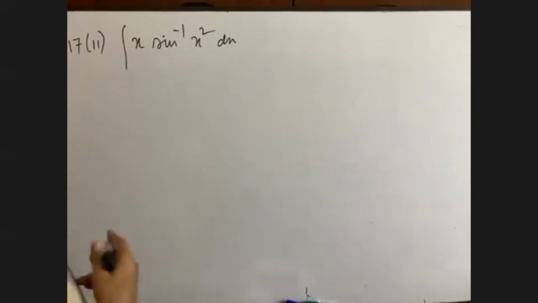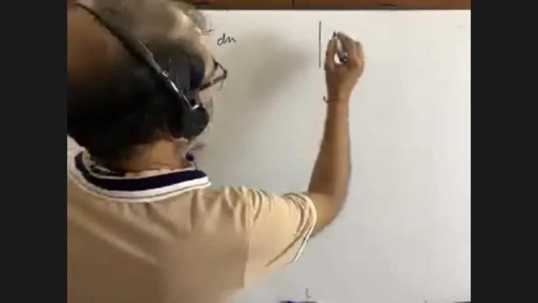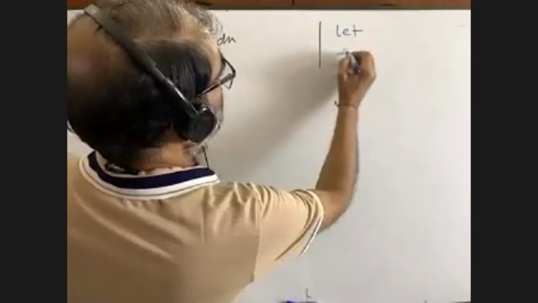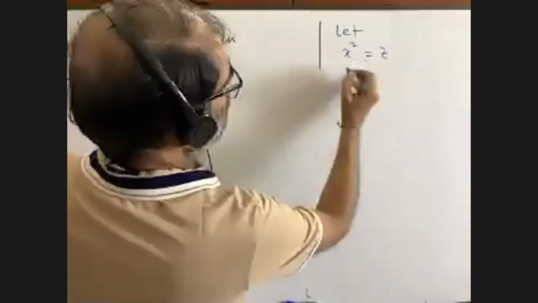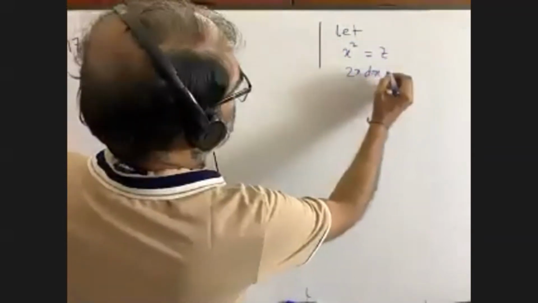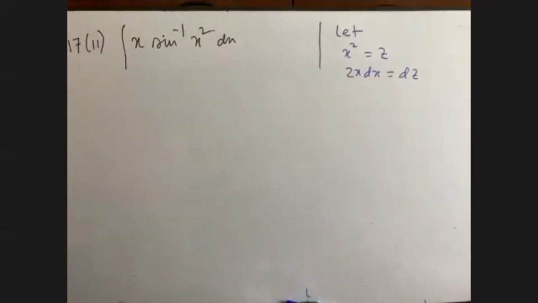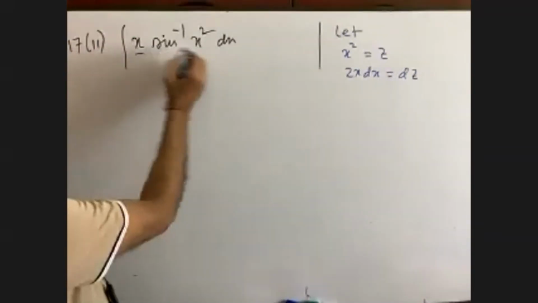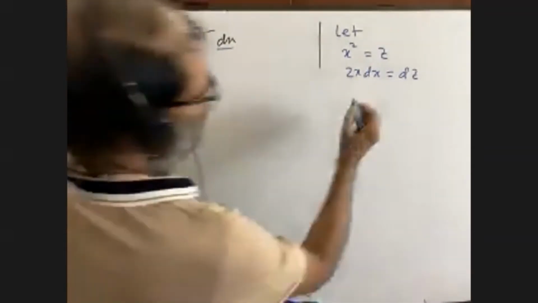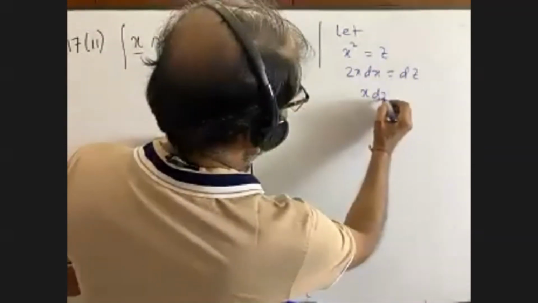So actually it will be very hard. So what will you do? You write down, let x square equals z. So we are getting 2x dx equals dz. But here it is x dx. So x dx equals what?